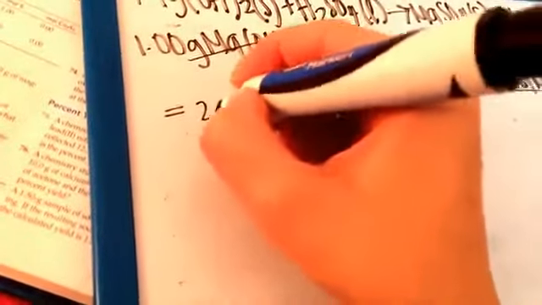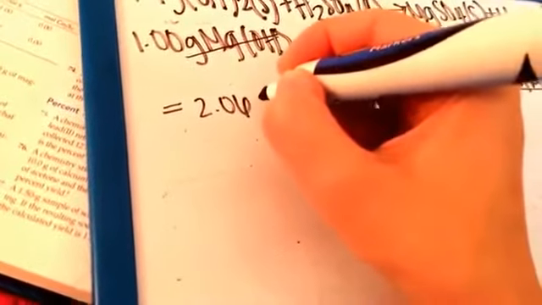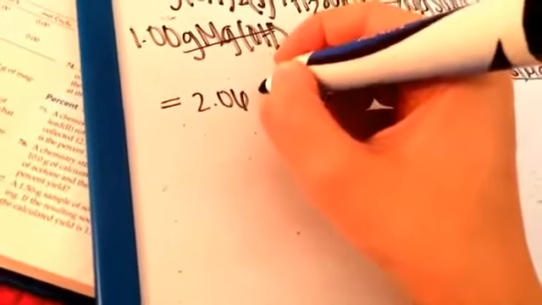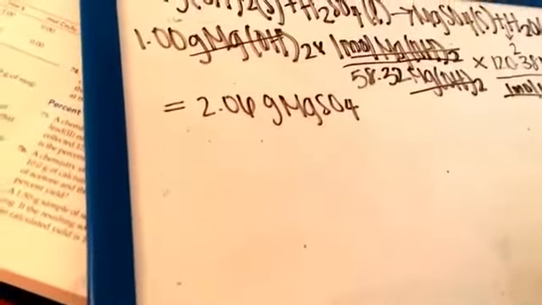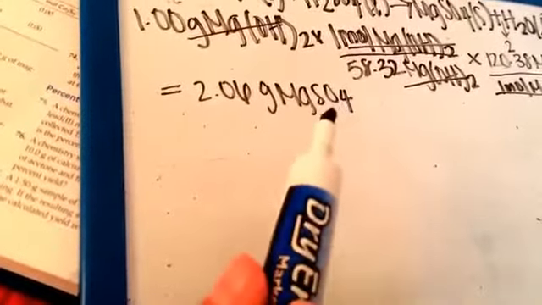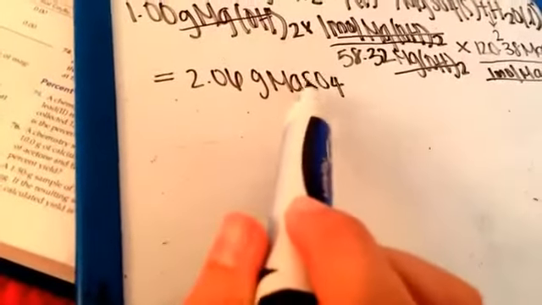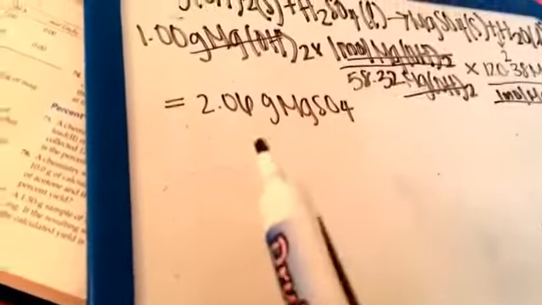So this cancels out with this, and this with this. This gives me 2.06 grams of MgSO4. So we can say that we produce 2.06 grams of magnesium sulfate, and Mg(OH)2 is limiting.